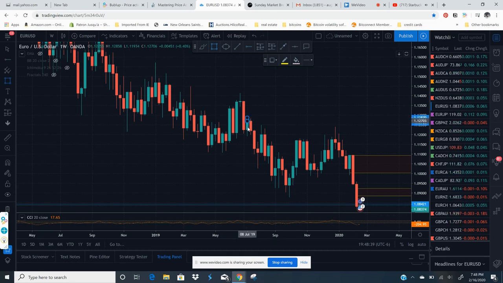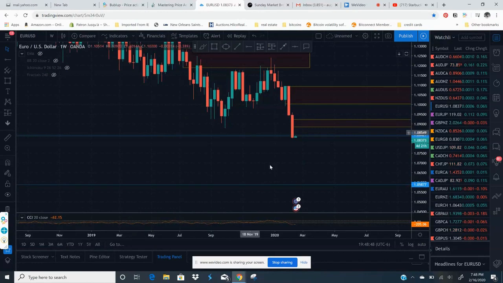It came back and touched that zone before it pushed down to the downside. That's why we look at it in the daily and in the weekly chart. So this is the weekly, that's a daily. So I'm seeing it come back and touch this area and push down to this area.